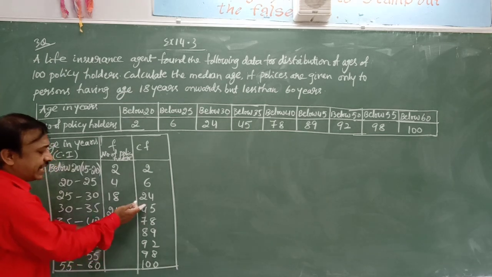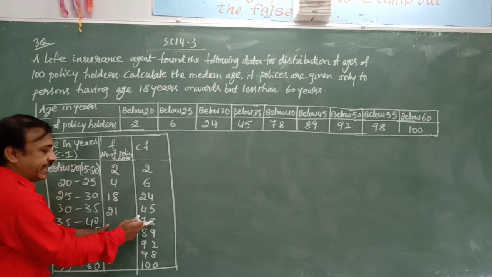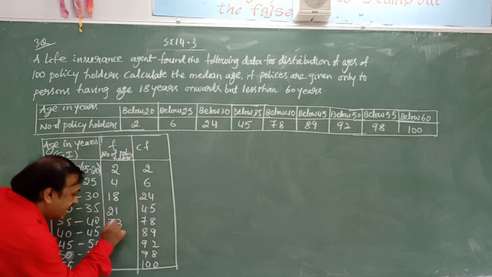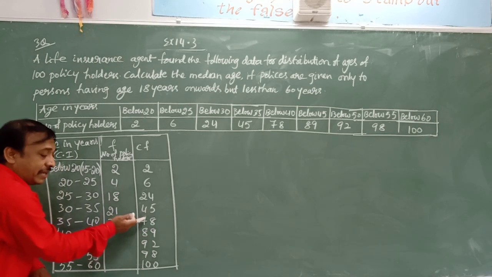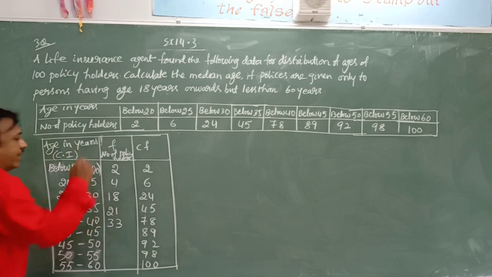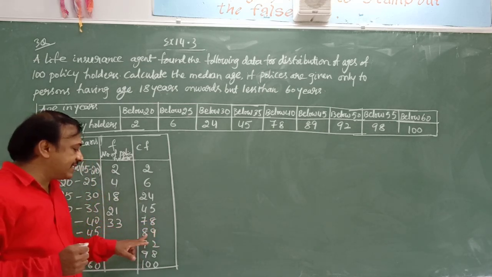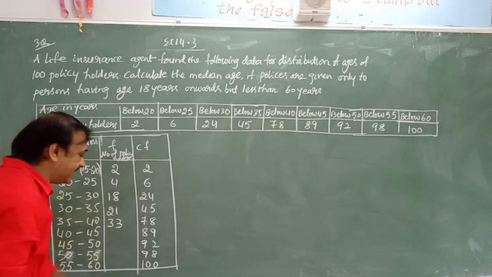Next, 78 minus 45. Observe it. 8 minus 5 is 3, 7 minus 4 is 3, so that is 33. Next, 89 minus 78 is 8.